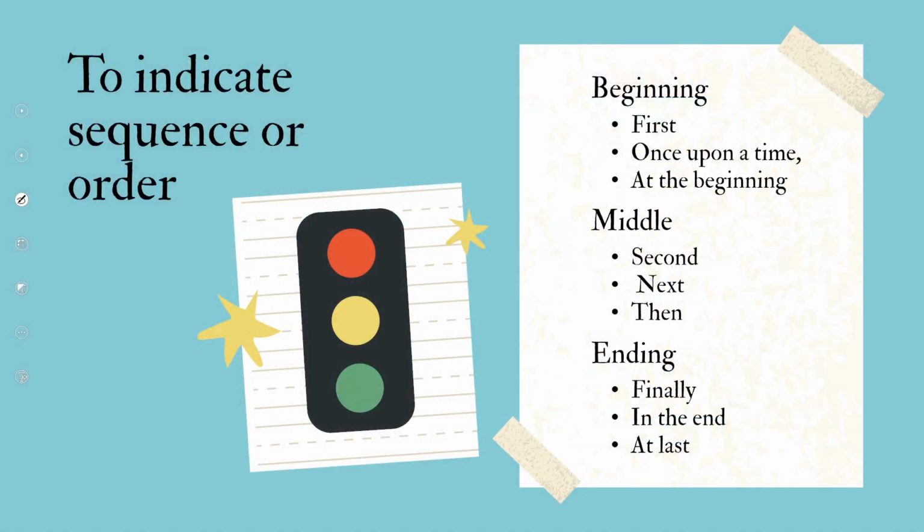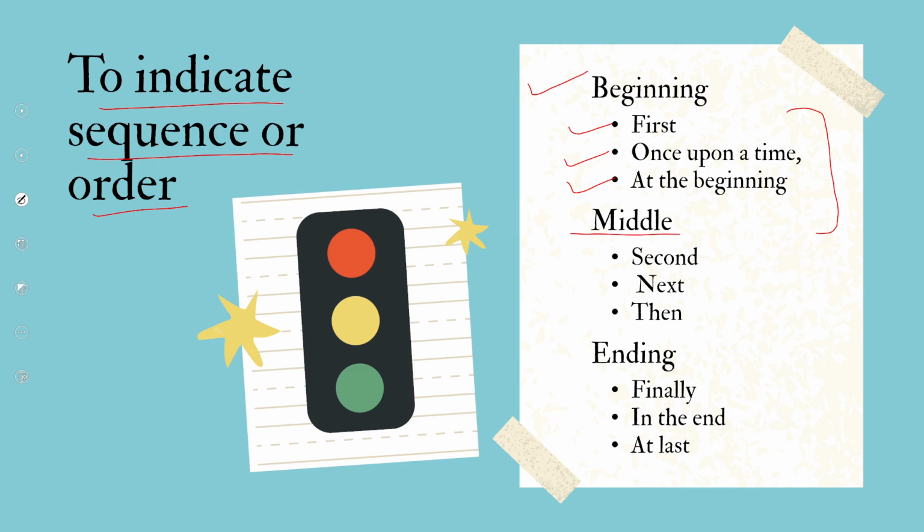Now, we use transitional words to indicate sequence or order. For example, to show the beginning of your story or your narrative, you would say first, once upon a time, at the beginning. All these are showing an order of your writing.